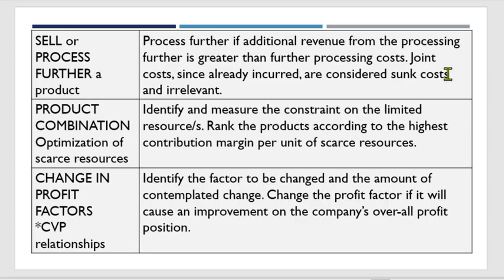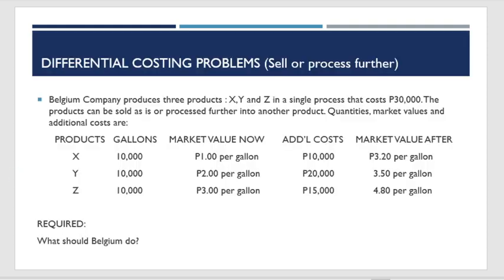Ang sabi dito, process further if additional revenue from the processing is greater than the further processing cost. Yung joint cost daw ay irrelevant. So, kapag yung additional revenue is greater than the processing cost, i-process further mo daw.